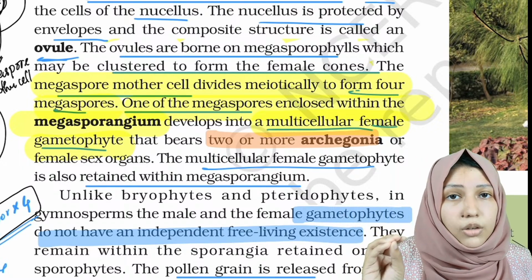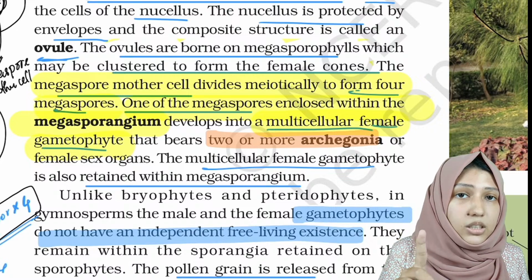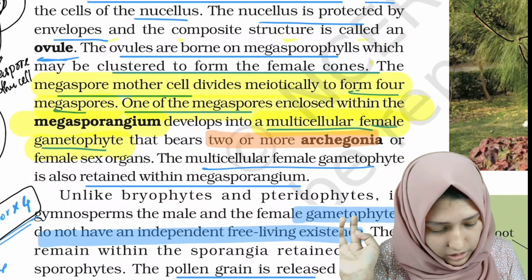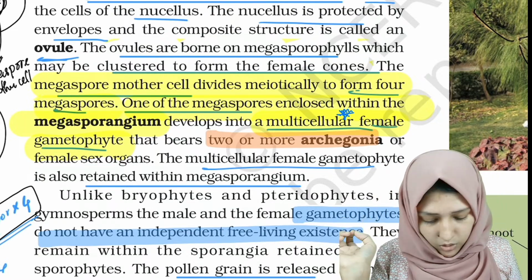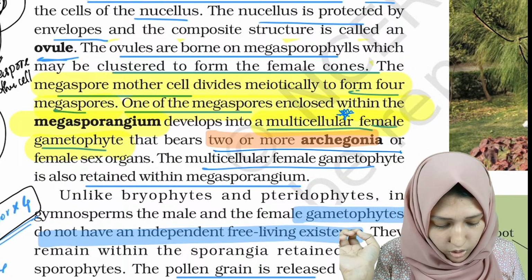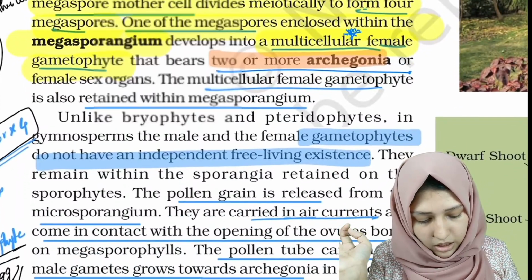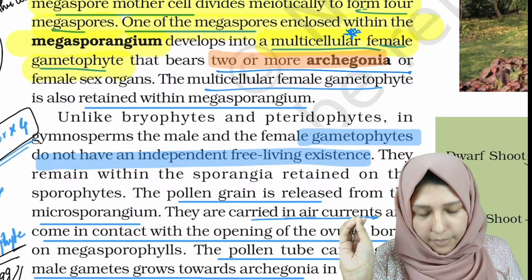So the female gametophyte is haploid, but it is multicellular, not unicellular. This is a point to be noted. The female gametophyte bears 2 or more archegonia, or female sex organs, and it is retained inside the megasporangium.